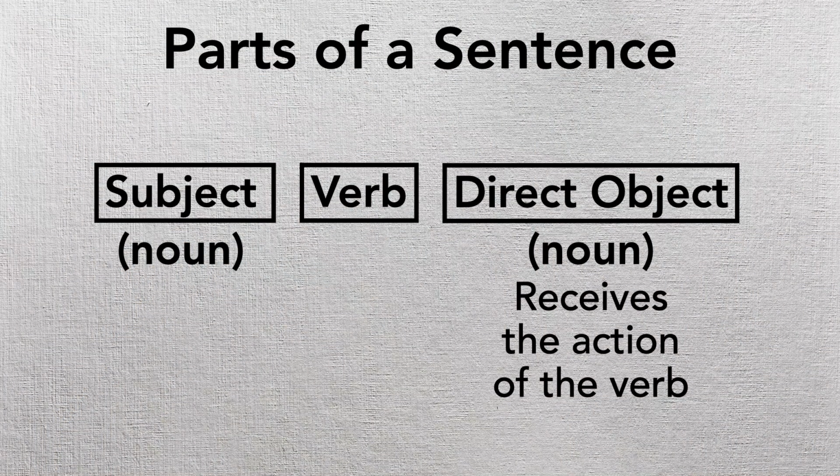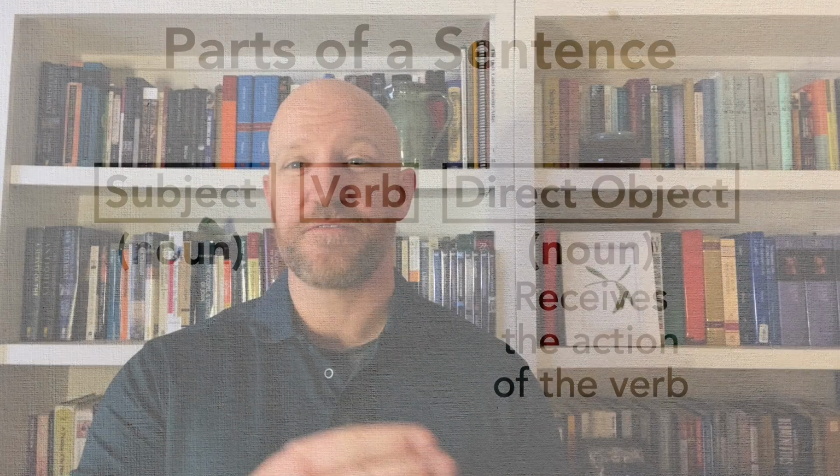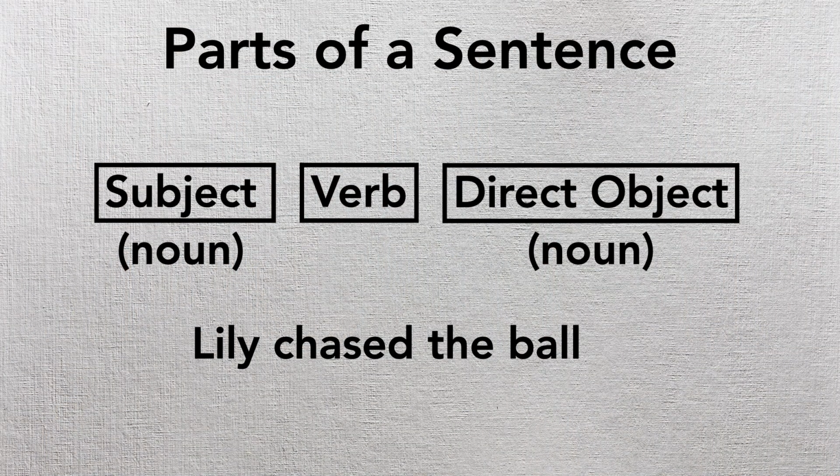And the direct object is going to receive the action of the verb, okay? The subject is going to perform the verb onto the direct object, okay? So, for an example, Lily chased the ball. That's our sentence. So Lily is the subject, and she's going to perform the action, the chase. She is going to chase the direct object, which in this case is the ball, okay? Those are the basic parts of an English sentence, okay?